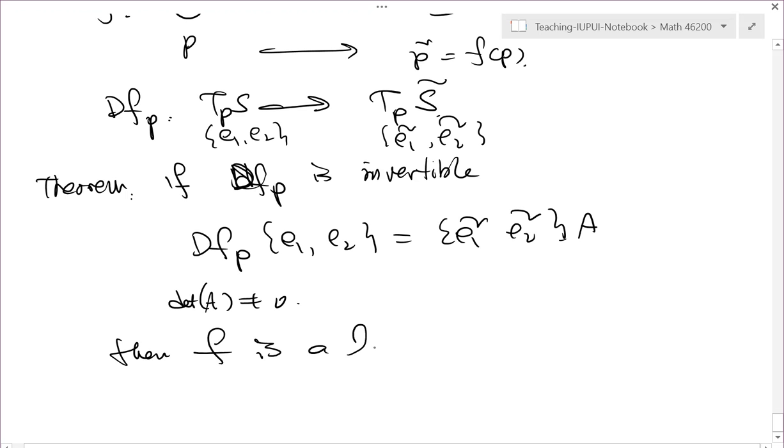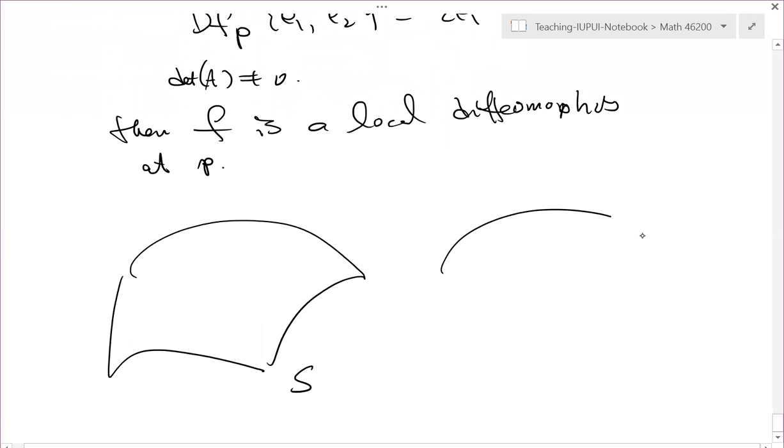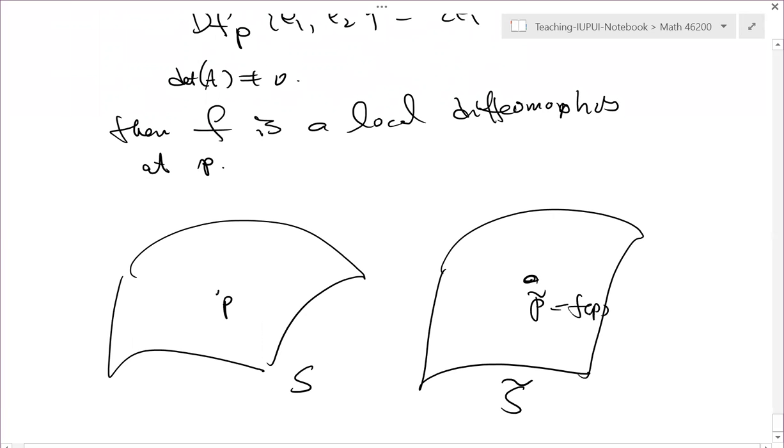f is a local diffeomorphism between the two surfaces at the point p. What does that mean? Let me draw the picture here. This is a surface, and here's another surface, S tilde. This is the point p, and this is the point p tilde, the image of f.